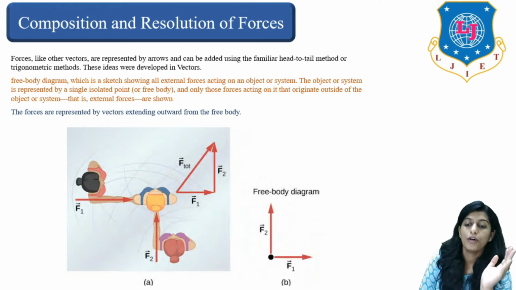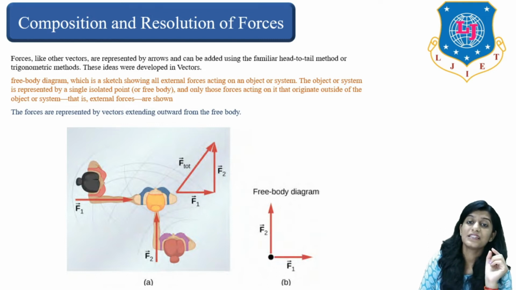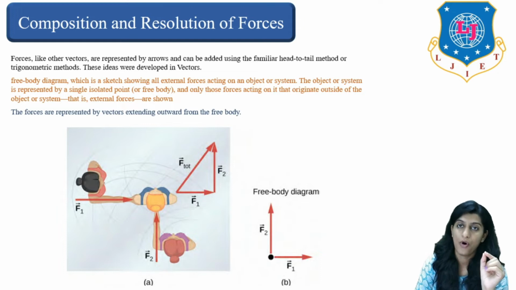Now, the object or system is represented by a single isolated point. This is very important to remember: that particular body or object is represented by a single isolated point, and we term that isolated point as a free body, right?